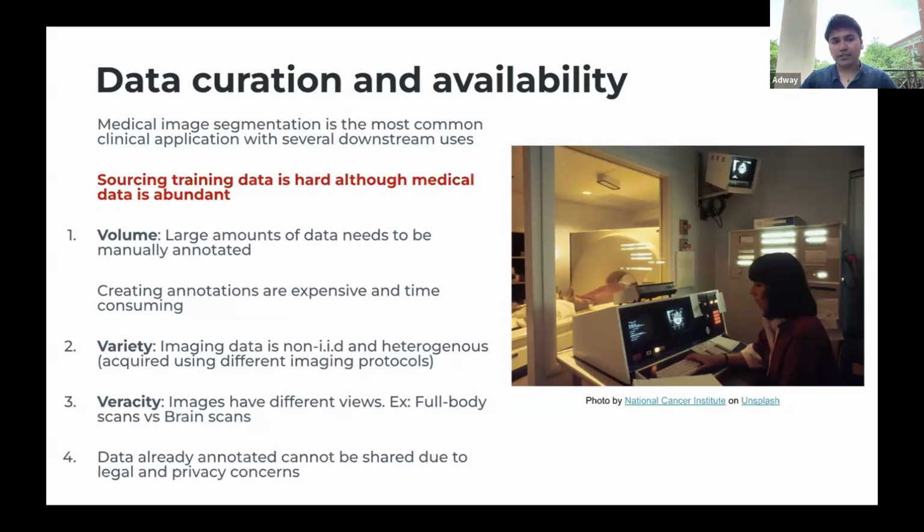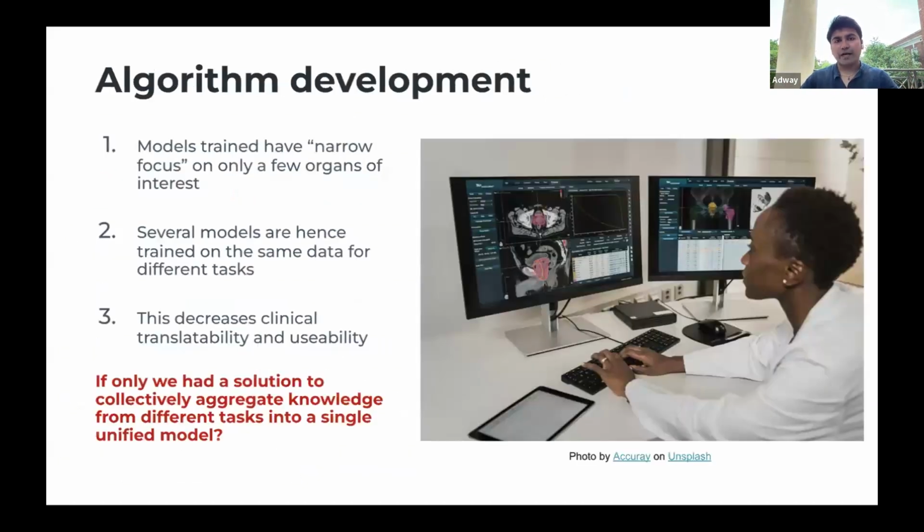The last concern is, if you have data already annotated and manually segmented, clearing that data is also a concern, because there are a lot of legal and privacy concerns involved, especially around sharing sensitive medical data between institutions. This is one of the main concerns of the data. In terms of algorithm development, because our data is so scarce and usually annotated for a particular use case, it's usually annotated with a particular organ of interest in mind.